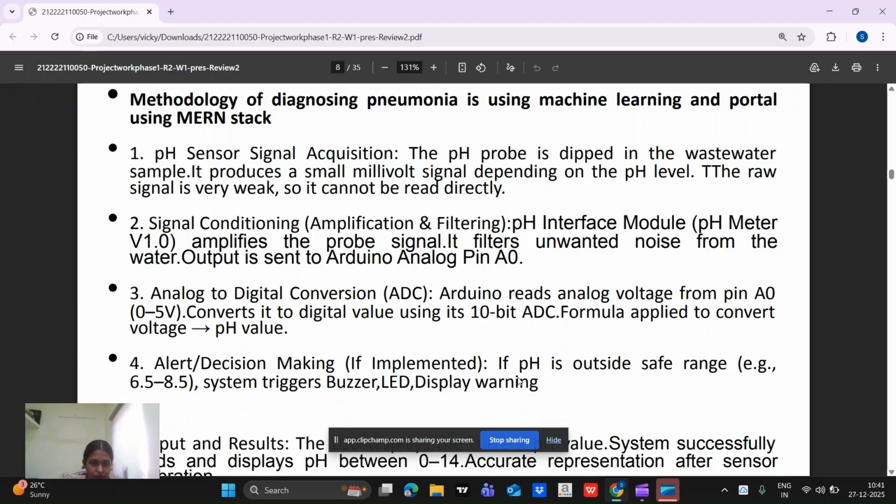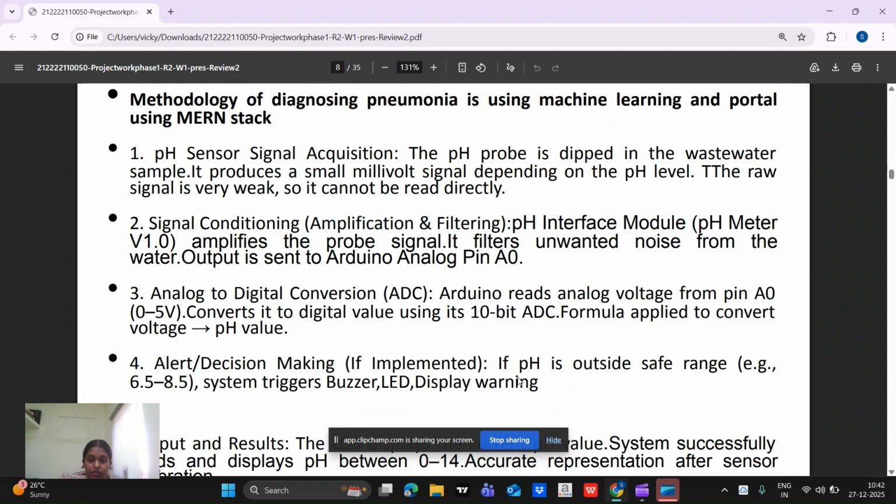Analog to digital conversion. Arduino reads the analog voltage from pin A0, 0 to 5 volts, and converts it to a digital value using its 10-bit ADC. A formula is applied to convert voltage to pH value. Fourth step, alert or decision making.